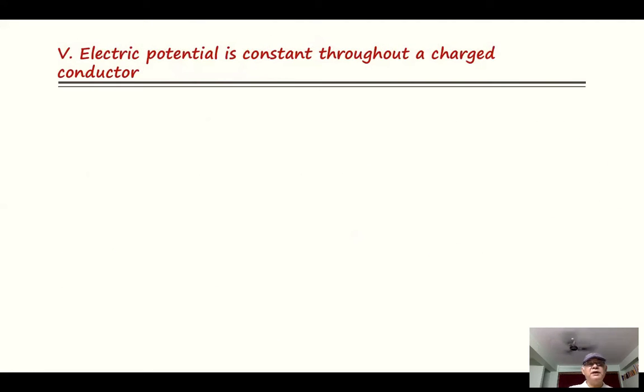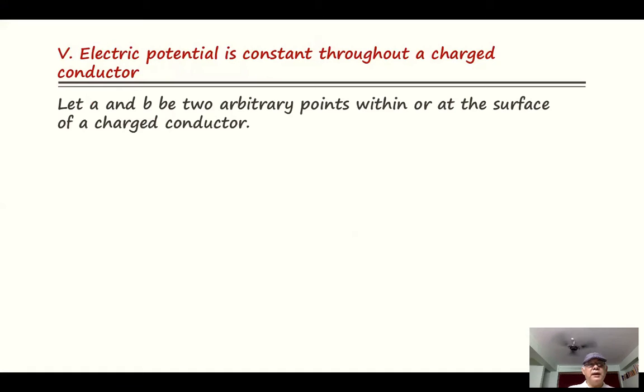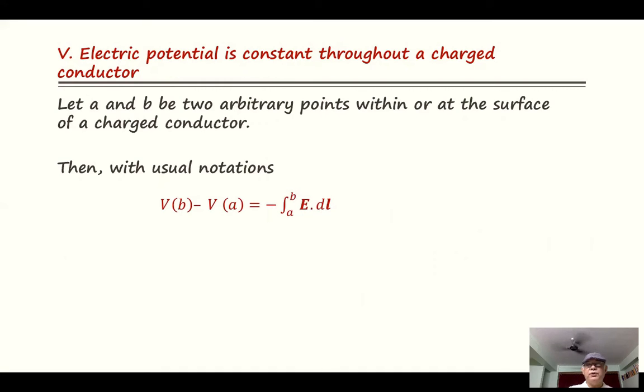Number 5, electric potential is constant throughout a charged conductor. Let A and B be two arbitrary points within or at the surface of a charged conductor. Then, with usual notations, V at B minus V at A is equal to minus the integral from A to B of E dot dl.